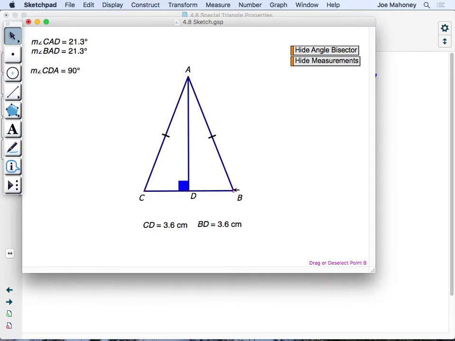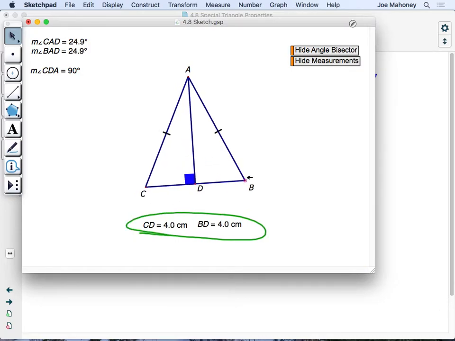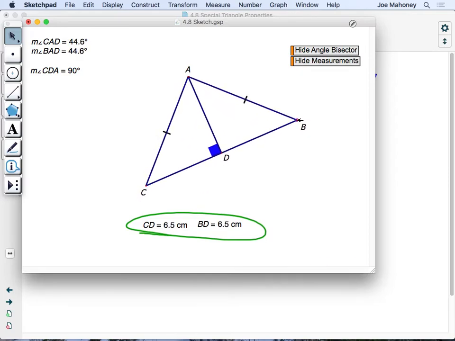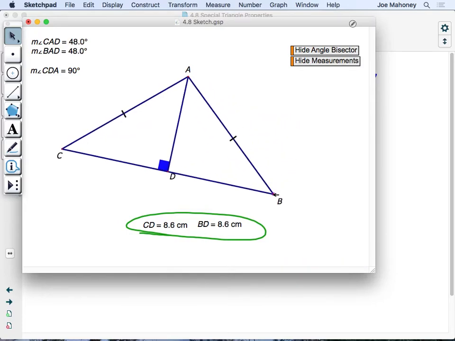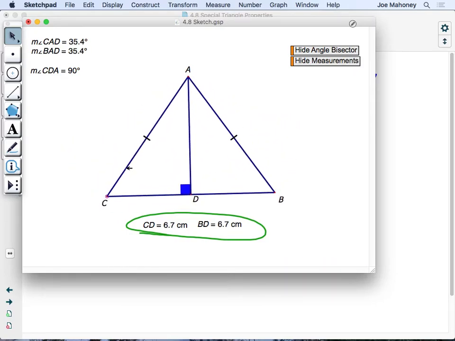Interesting. So the angle bisector is another segment as well. But look at these two measurements down here. Check them out. They're equal to each other. And sure enough, if I move this triangle around a little bit, those measurements stay the same. Well, they don't stay the same, but they stay equal to each other. And that means that the angle bisector is a third segment as well.